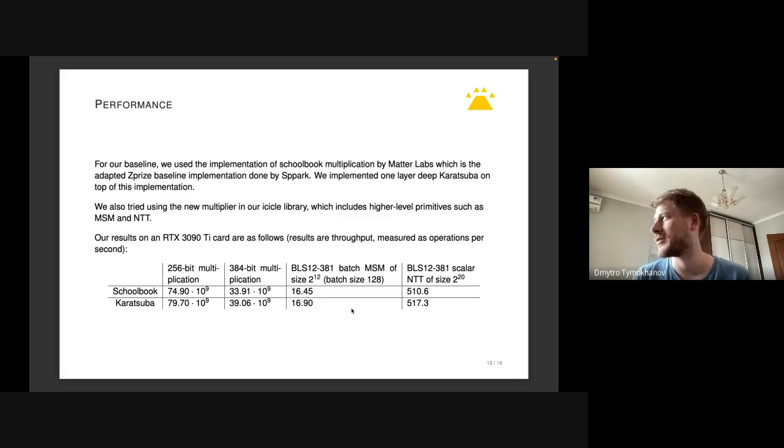I hope the attribution is correct. And we tried to just do one iteration of Karatsuba on top of that, and just invoke the default wide multiplier on the 3 products that we got. And basically that's the result.